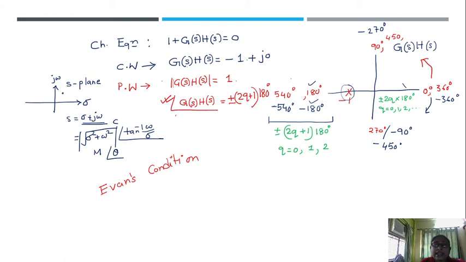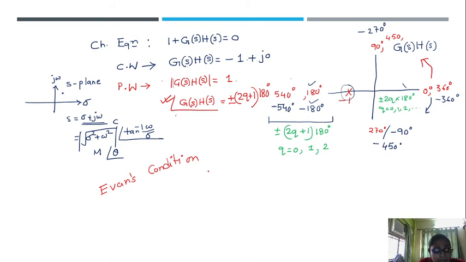If you want to draw the root locus of anything, the angle of the transfer function should be equal to plus or minus 180 degrees. Is there any confusion?